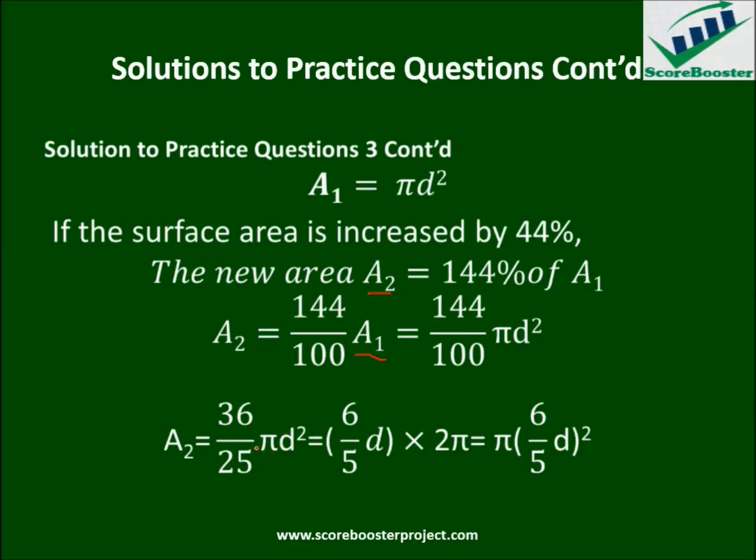So we could group the three together under one bracket. This 36 could be replaced with 6 squared, and 25 is 5 squared, and d here has a square. According to the law of indices, 6 squared over 5 squared times d squared is simply 6 over 5d, all squared.